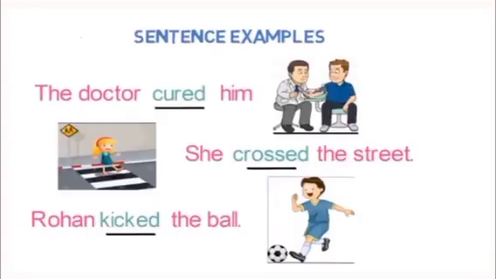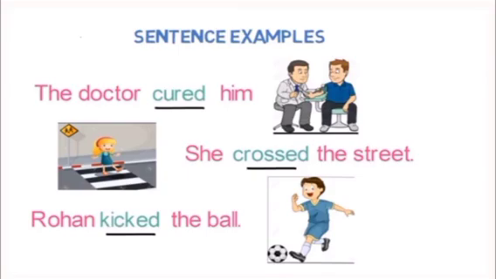Let's look into some more sentence examples having transitive verbs. The first example sentence is, the doctor cured him. Here, cured is the action and him is the direct object, so it is a transitive verb. Let's look into the next example sentence. She crossed the street.